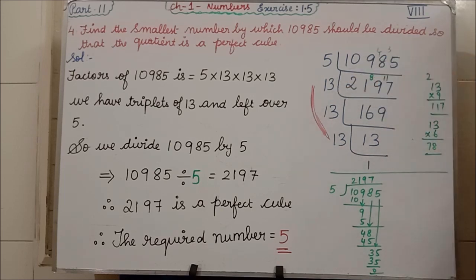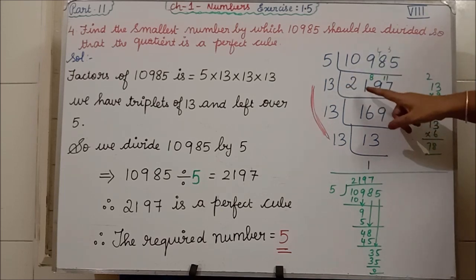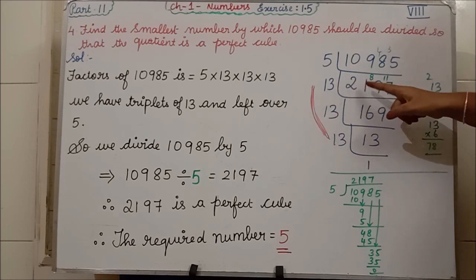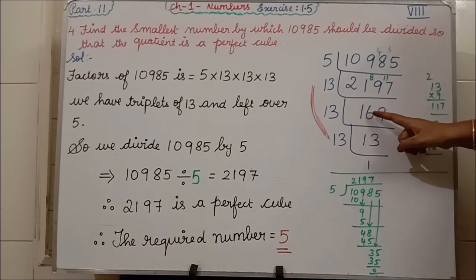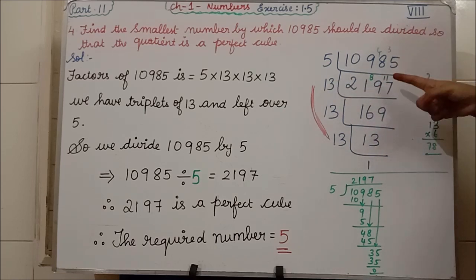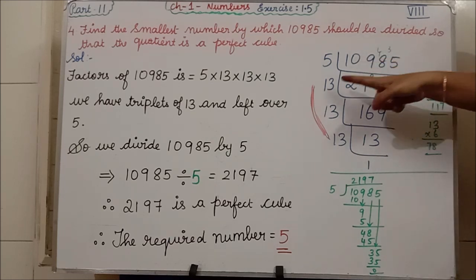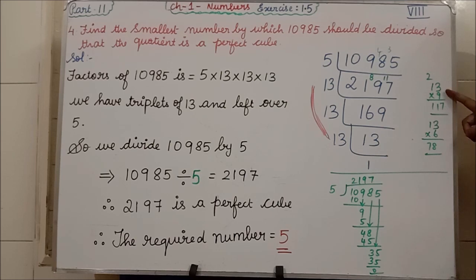Only it will come in the 13 table. So 1 13 is 13, remaining 8, so it comes 89. So 6 13s are 78. Extra we are having 11, so 117 we are having. In the 13 table, 117 means 9 times. So I have written here 9 times.